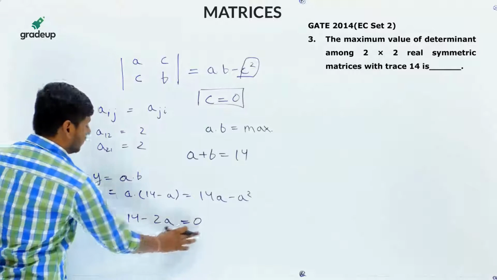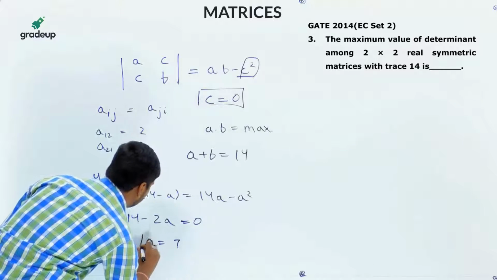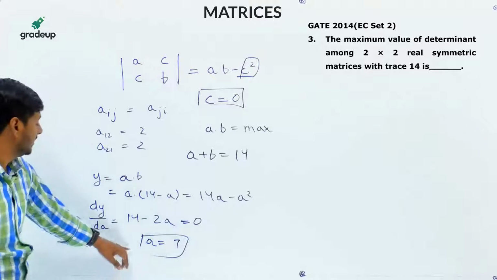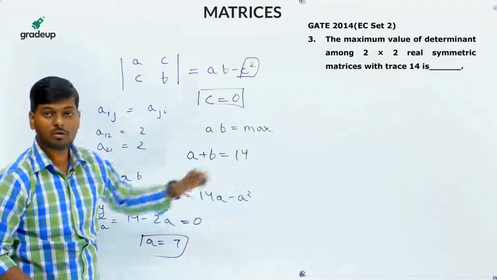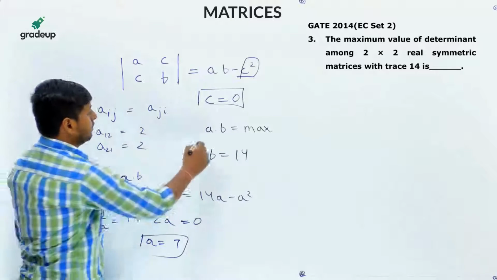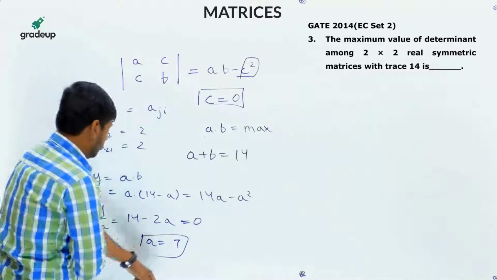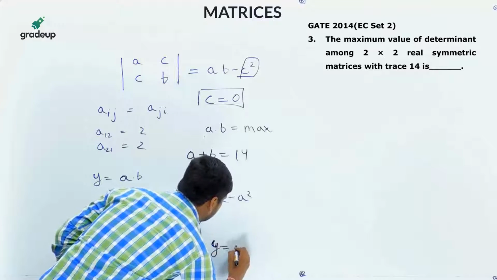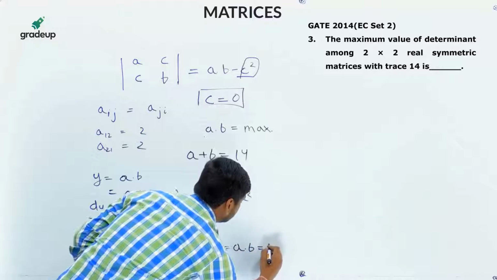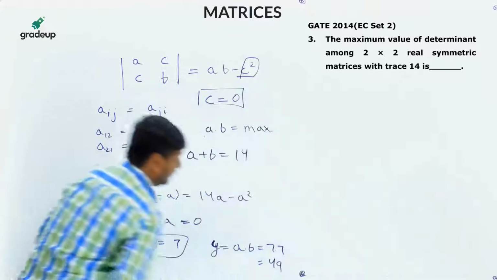If we equate this to 0, then we obviously get A equals 7. So I am saying A equals 7 here. If A equals 7, then B is also equal to 7. So the maximum of A into B is 7 into 7, so Y equals A into B equals 7 into 7 equals 49.